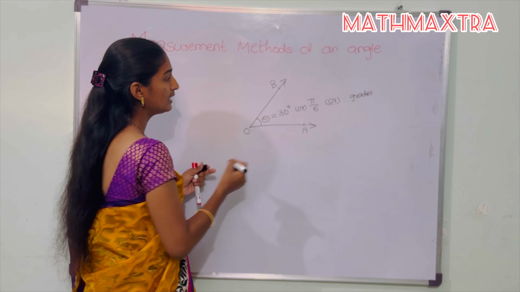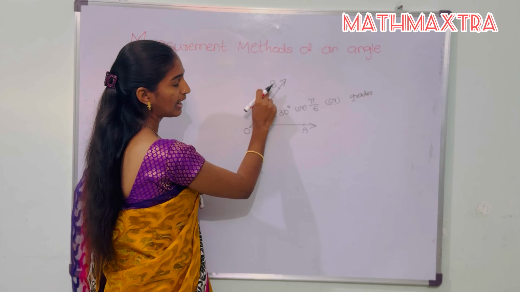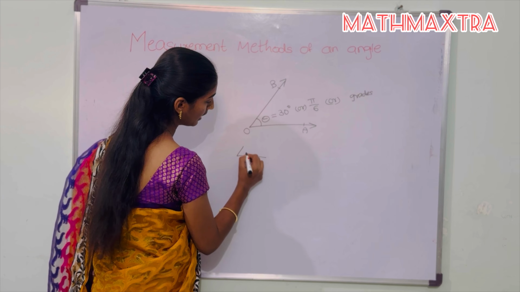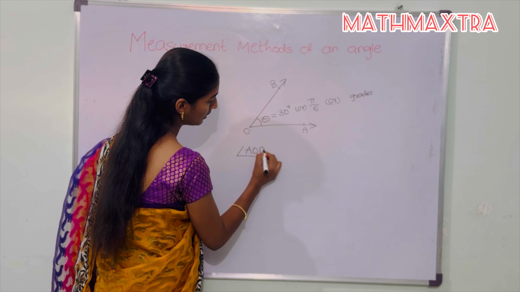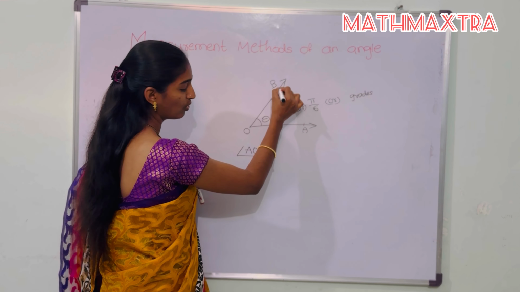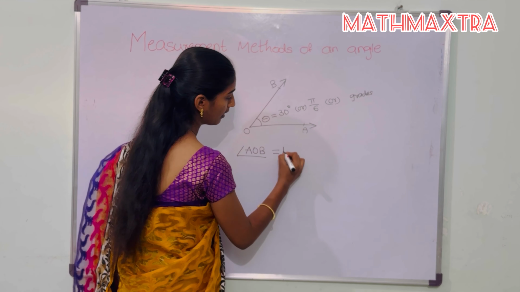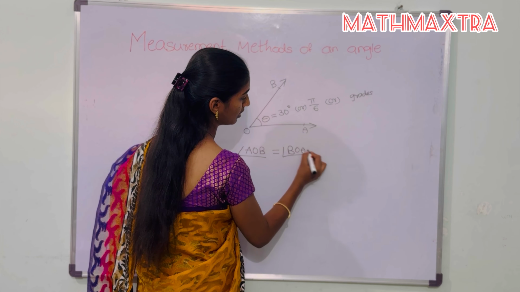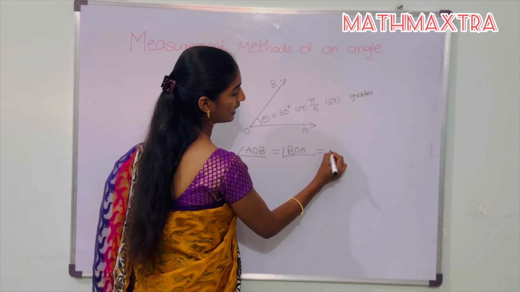How do we represent an angle? We can represent it either by angle AOB or angle BOA. Both measure the same angle.